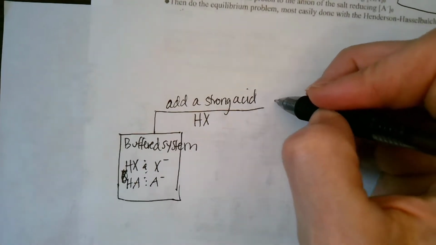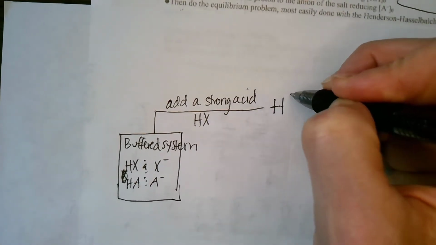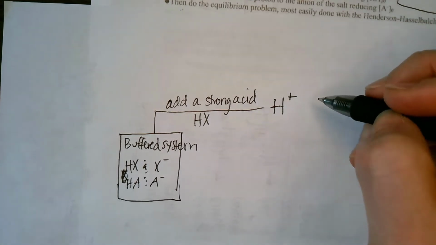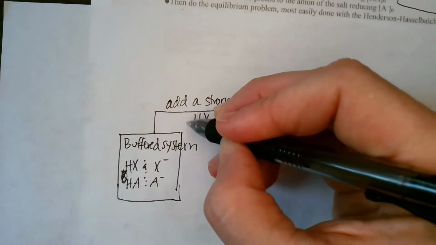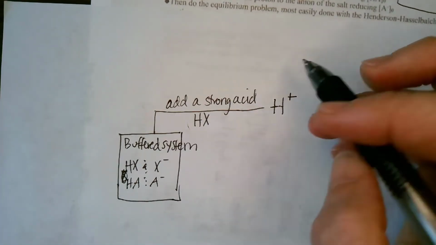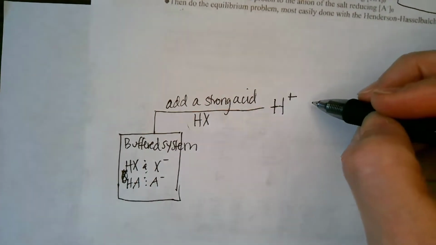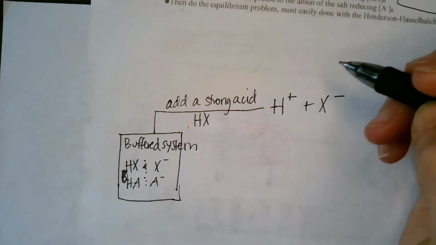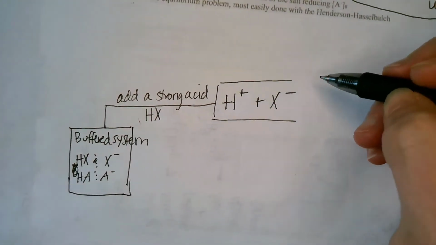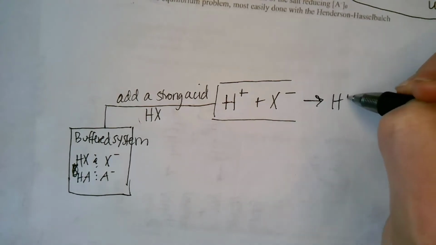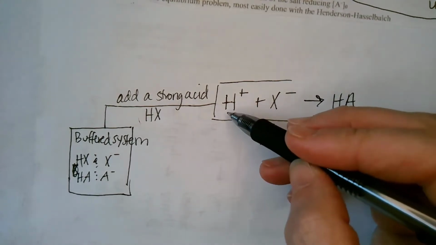We get X or H plus, and that acid's H plus is reacting with the base in our buffered system to create more acid.